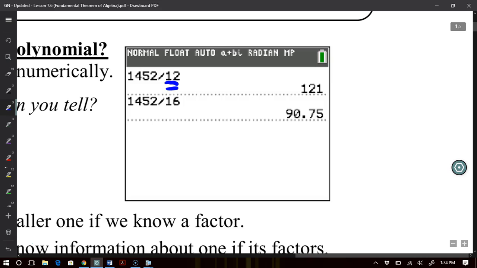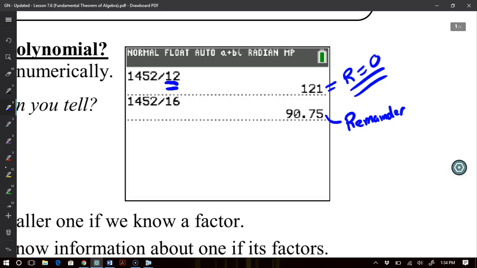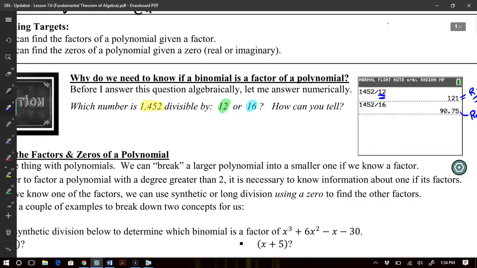We can see right now that 90.75 times 16 is 1,452. That means if I were to do division, I would get a remainder. But if I do division here, I get a remainder of 0. And you know that with numbers. You know if you take 10 and divide by 2, it's 5, that there is no remainder. And it is no different for binomials.